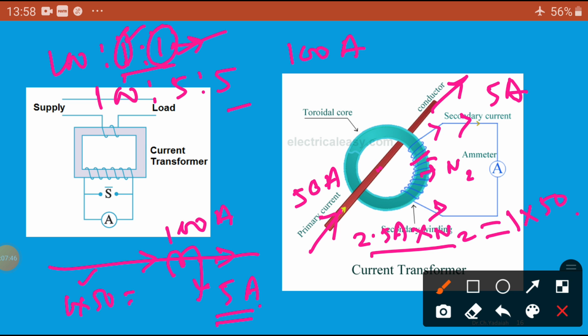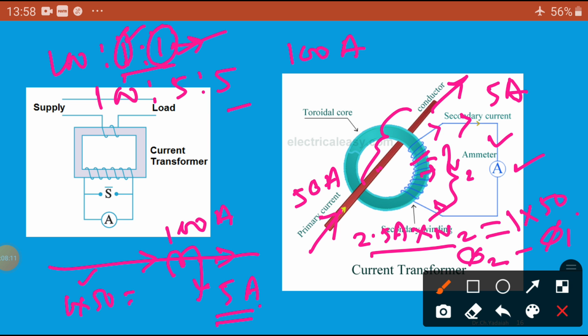So the primary flux and the secondary flux are produced. In this case the primary flux is always greater, and the difference flux flows through this ammeter and indicates the value. That is why the secondary mmf always opposes the primary mmf, as per Lenz's law.